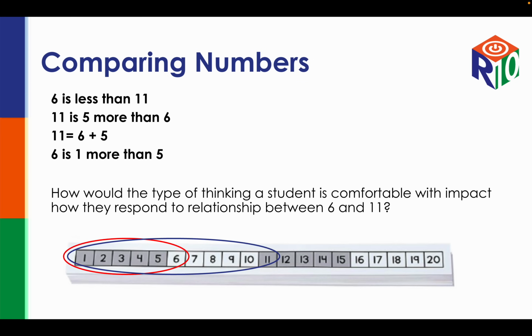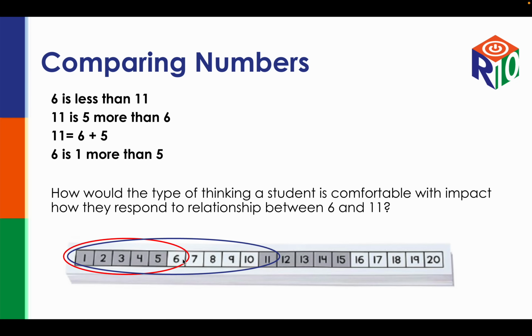So we have one student here who says, oh, well, I can see that 6 is less than 11, but 11 is 5 more than 6 because I see I've got 4 white and 1 gray here. And then 11 is the same as this 6 and this 5 more.